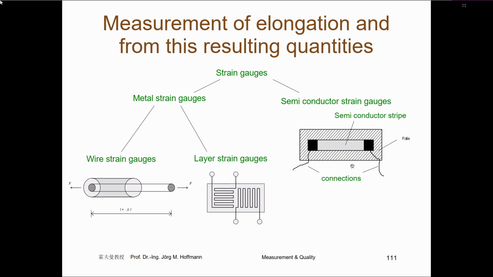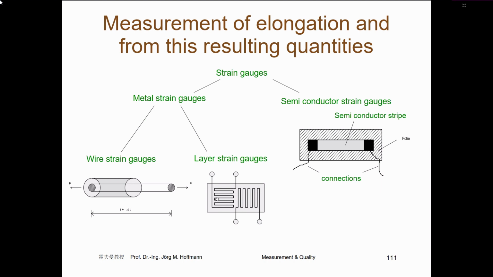The problem is that we need to make both kinds of strain gauges independent from the temperature. That is the biggest problem. And we can do this with the metal strain gauges in a bridge. That is very easy.